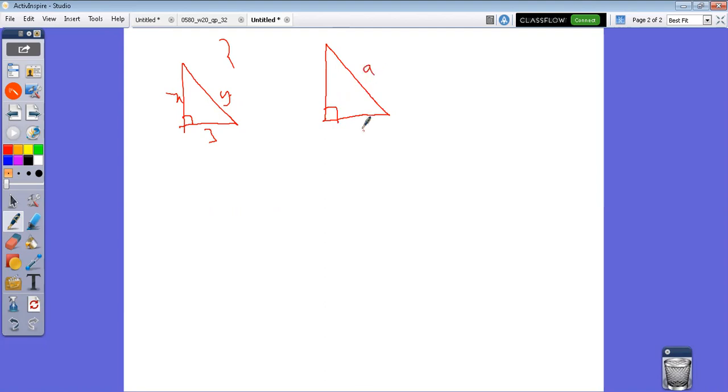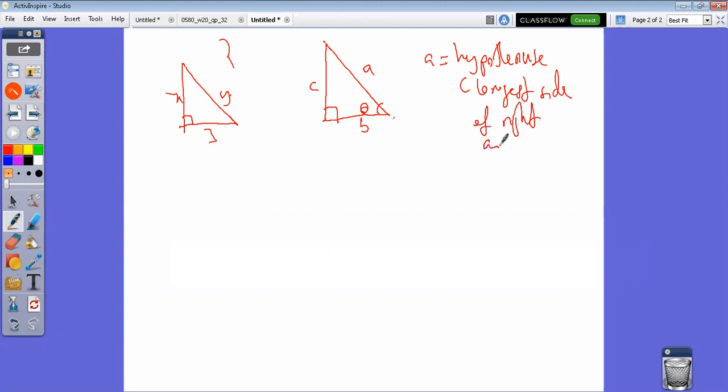Let's say this is A, this is B, this is C, this is theta, the angle, okay? So to find the longest side, A, which is the hypotenuse, it's the longest side of a right angled triangle.